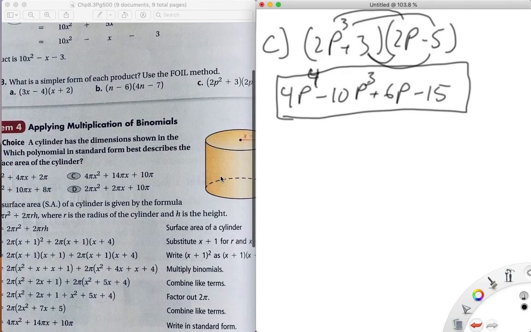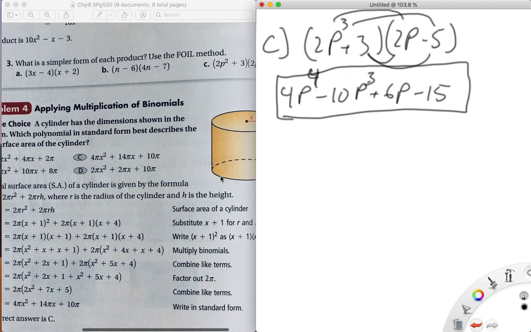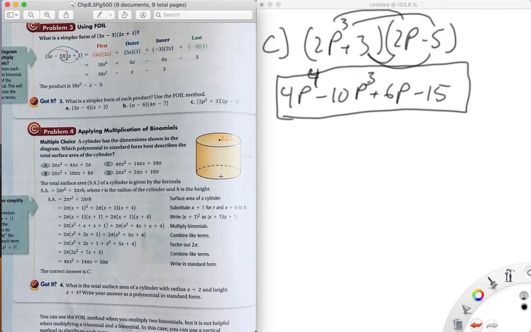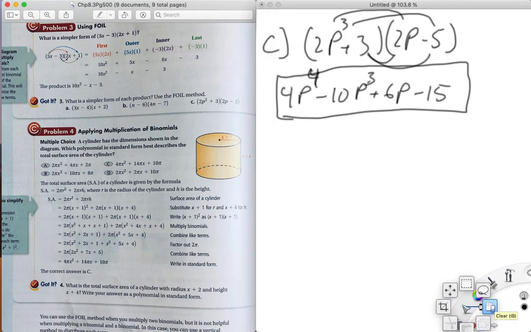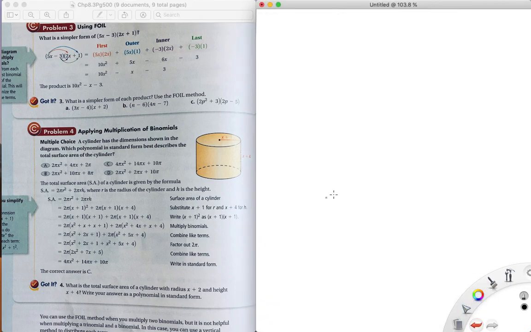Alright, so this last one involves multiplying, but using some geometric terms. They want me to find the surface area of a cylinder. The surface area, if you recall, which you might not remember from way back when, is 2 pi times the radius squared.